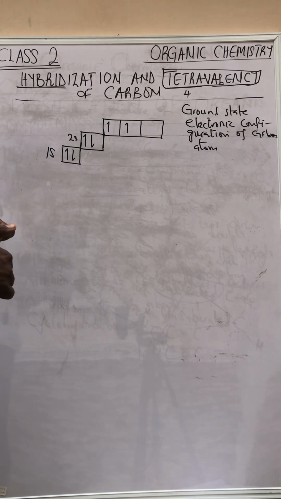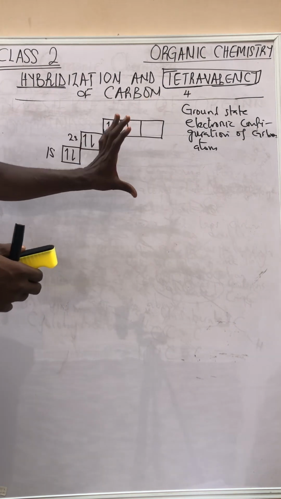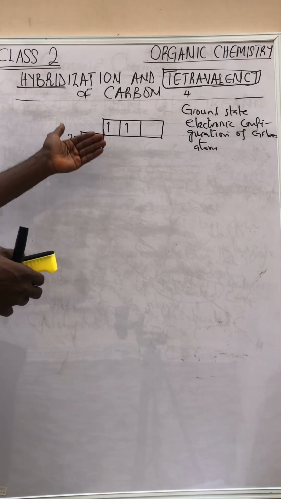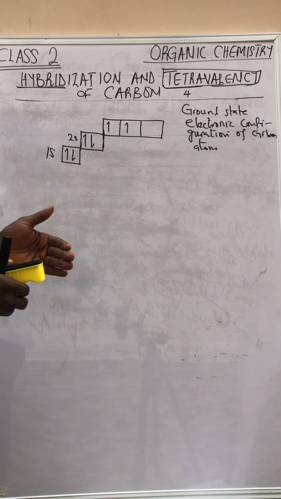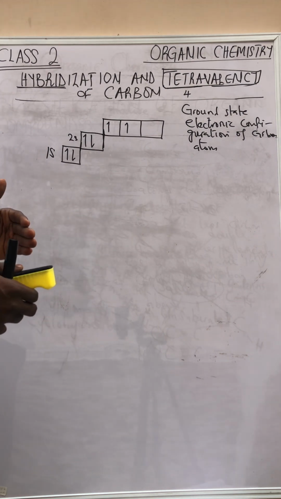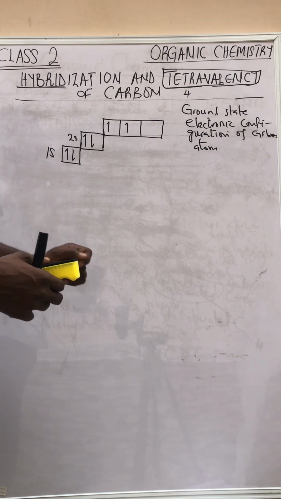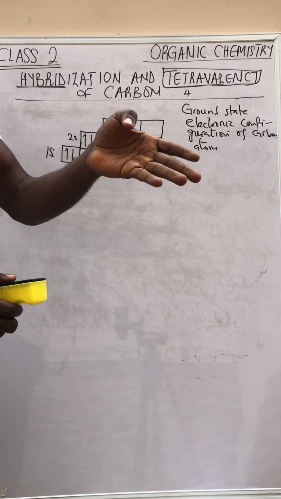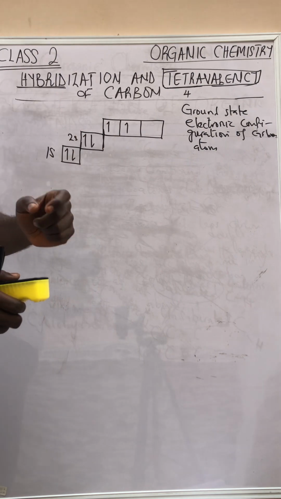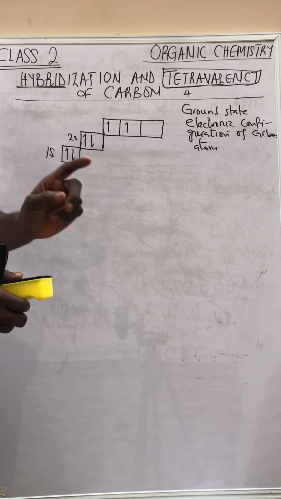So if this is the ground state and we now need to hybridize it, there must be four electrons, and those four electrons must be unpaired, as I said earlier.